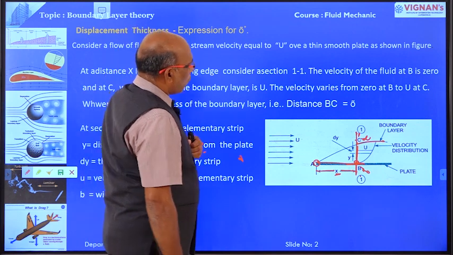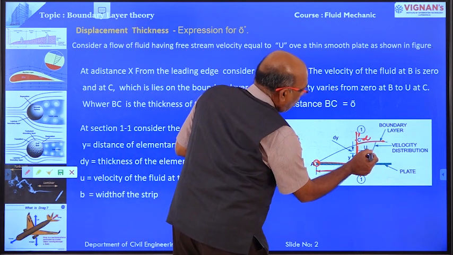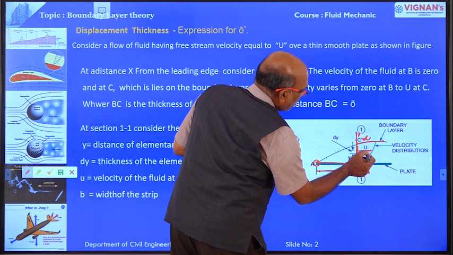Now we are going to take one small elementary strip.